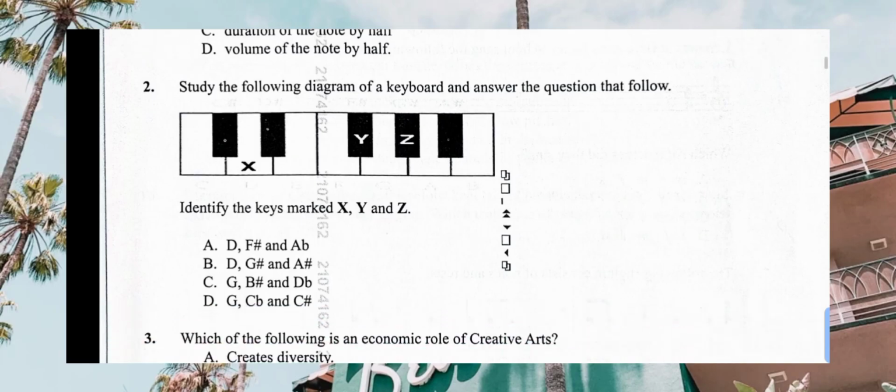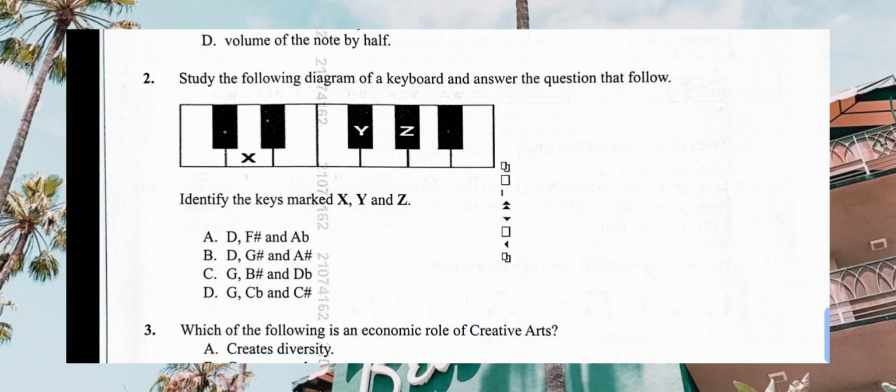Then F, G, then we have a black key which is labeled Y. Going upwards from F, that one will be F sharp, or G flat. Then Z will be G sharp or A flat. So let's go to the answers.